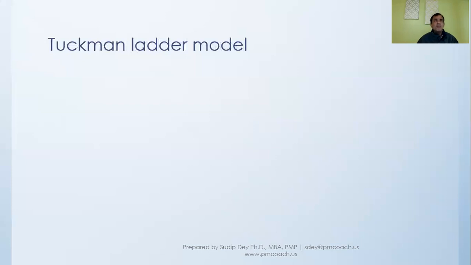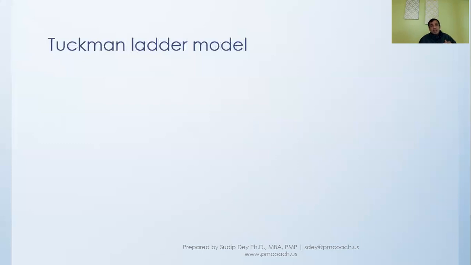Now, when we acquire resources and form a team, there is this model, the Tuckman ladder model, that says that a team goes through different stages, through 5 stages, and we'll look at each of the stages now.